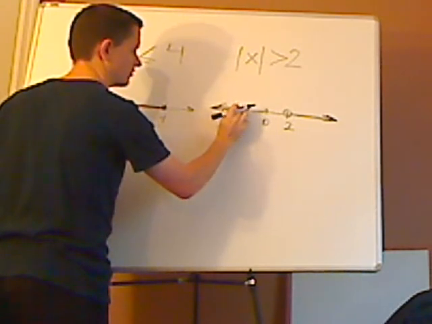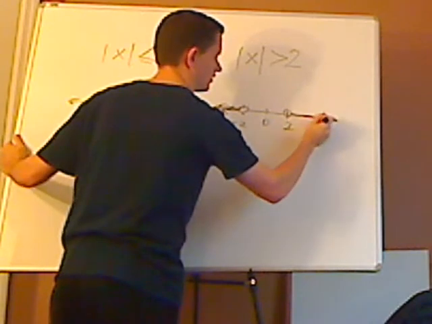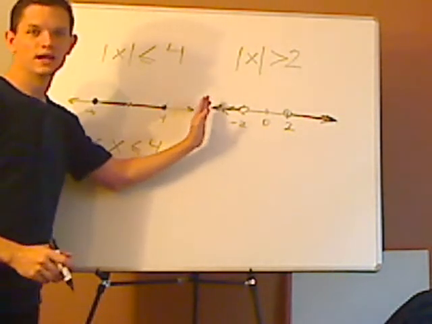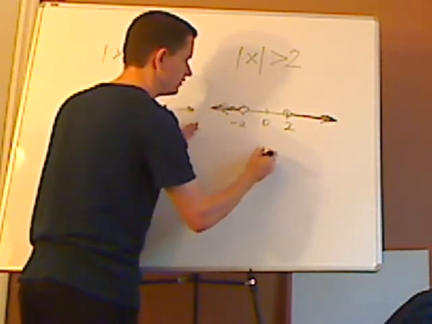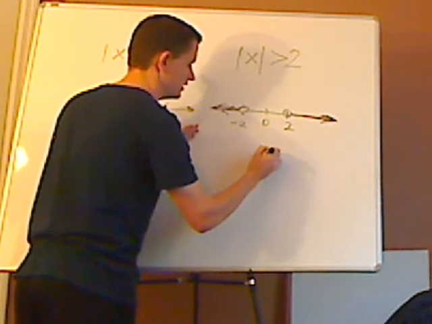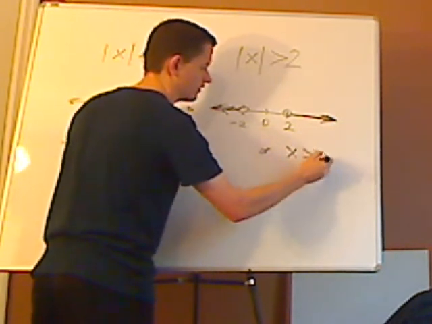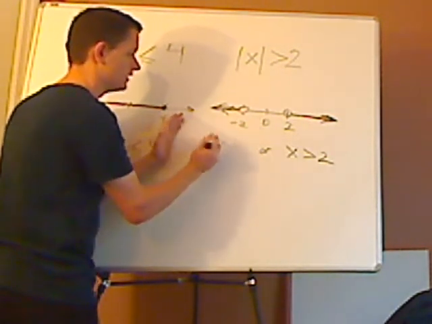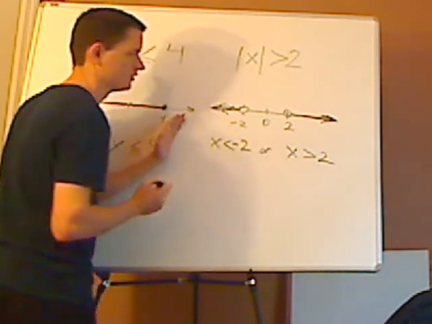I'm going to use an open circle. So that's what that looks like. Now the inequality, you're going to have two possibilities. So it's either going to be x greater than 2 as it is, and the other one is x less than negative 2.